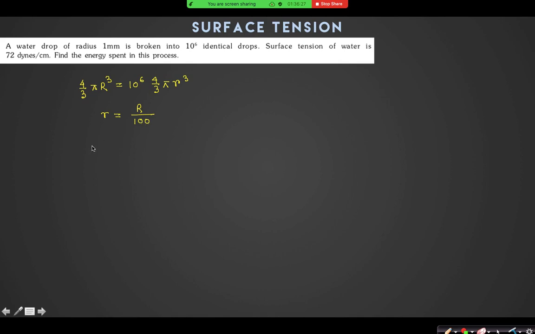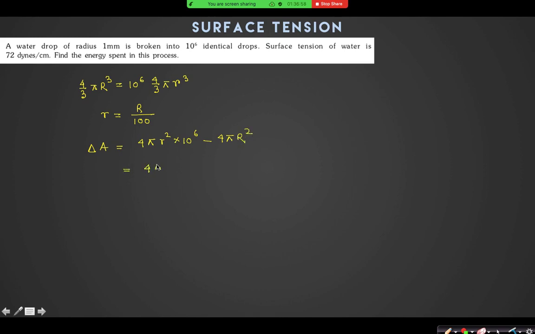Now I can say what is the change in surface area. Initially it was 4 pi R square, right? So final minus initial I have to calculate. So 4 pi r square into 10 power 6 minus initially it was 4 pi capital R square.